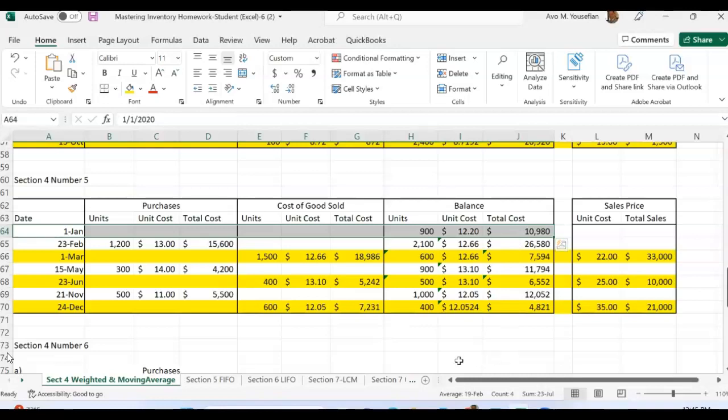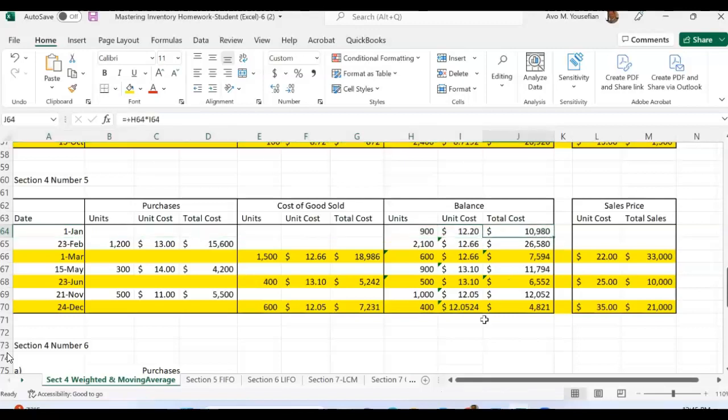It says 900 units at an average cost of, let's say, $12.20. And we have a total of $10,980. But in February, we purchased 1,200 units at $13. And that's the math: 1,200 times 13, and the formula is right there.